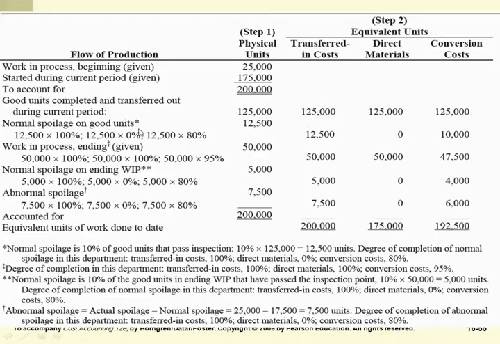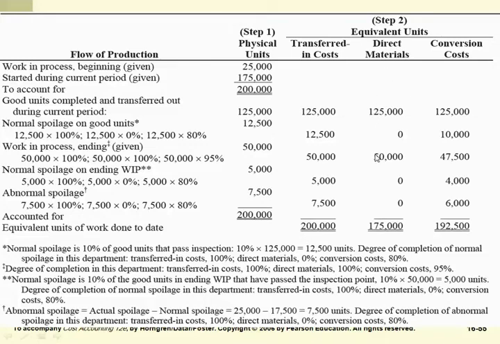Normal spoilage on good units also 12,500. Work in process ending 50,000. Normal spoilage on ending work in process 5,000. Abnormal spoilage 7,500, with equivalent units of work done under transfer in cost 200,000 units.